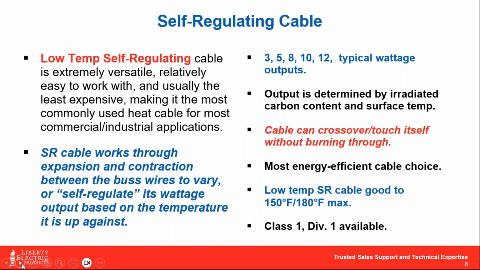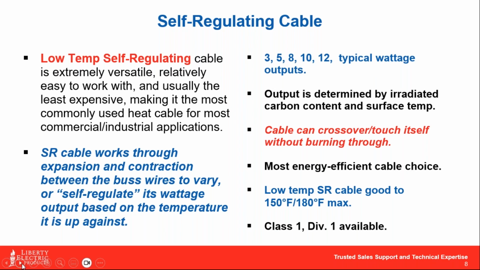Basically, how this cable works is through expansion and contraction based off of the temperature of whatever it is up against, okay? All heat cable manufacturers are consistent in how they rate the value of their cables.